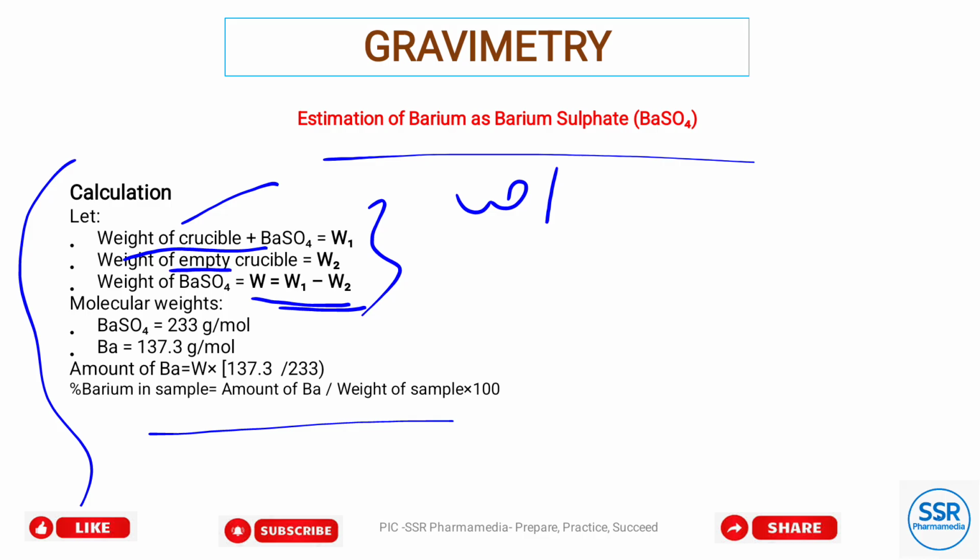The difference between these two gives only the barium sulfate precipitate. Using the molecular weight of barium sulfate and the atomic weight of barium in this formula, you will get the barium content in the barium sulfate precipitate.